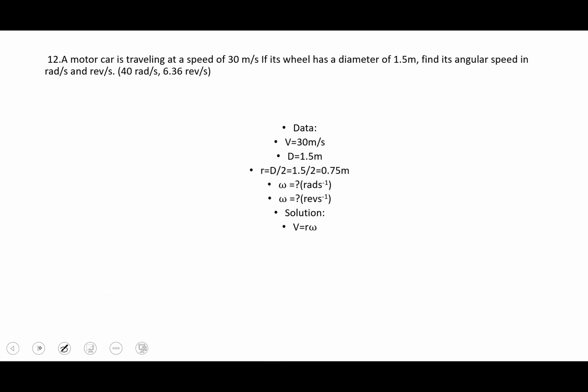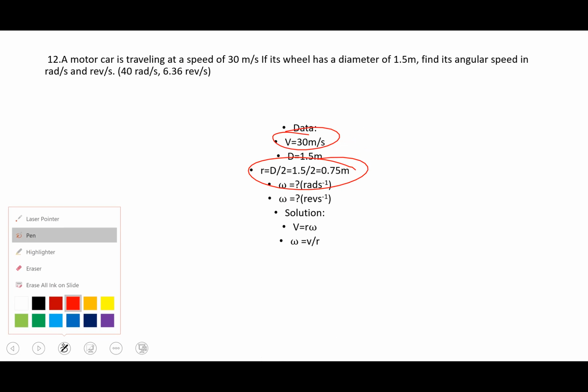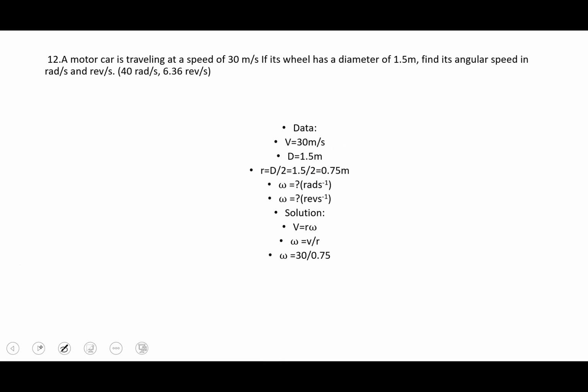We know the formula that linear velocity is equal to r into angular velocity omega. Omega will be equal to v over r. We have the value of v, we have the value of r. So omega will be 30 divided by 0.75, or we can say omega is equal to 40 radian per second. So one answer we have already calculated, that is 40 radian per second.